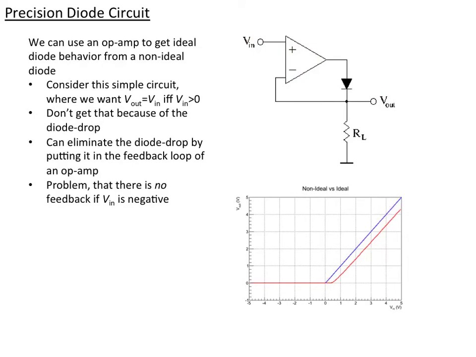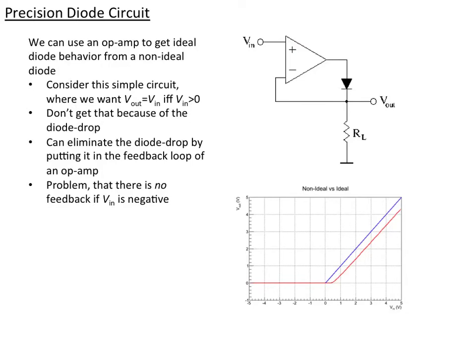The feedback will be just so that the output of the op-amp compensates for the diode drop, so it must be a little bit above V out, but not by a noticeable amount. Well, it'll be noticeable if you look there.